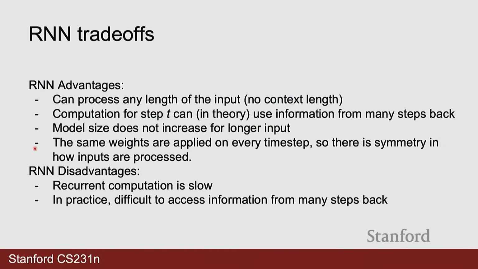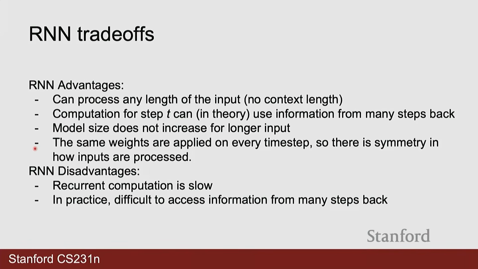Cool. So I'll talk now about some of the trade-offs: why you might want to use an RNN, and when is it helpful. The nice thing is they can process any length of input. A lot of these modern language models that rely on transformers have something called a maximum context window. RNNs don't have this. They can take a sequence of essentially infinite length, as long as you can keep running the model on it.